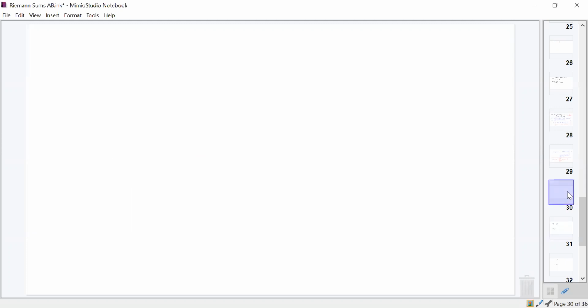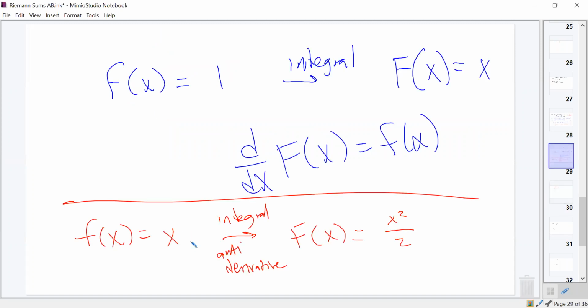Before we do that, let's think about the derivative with respect to x of the integral from 0 to x of, actually, we're going to use a different variable here, t dt. So we know what the integral of the function t is, right? We found that a minute ago, just like we found the integral of the function x. What's the integral of the function t? It ought to be t squared over 2.